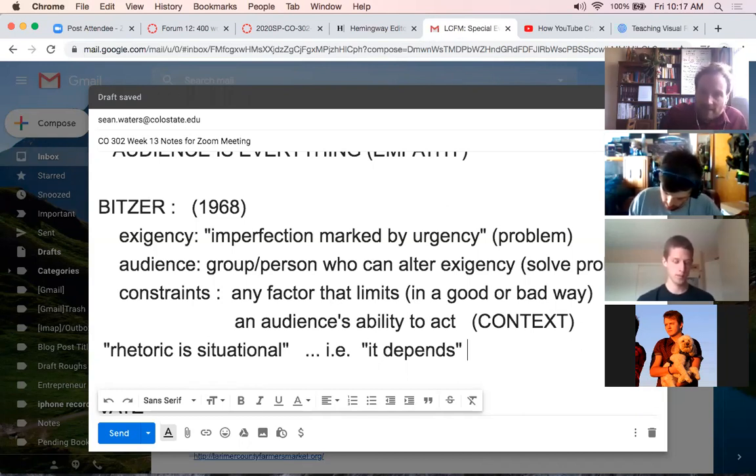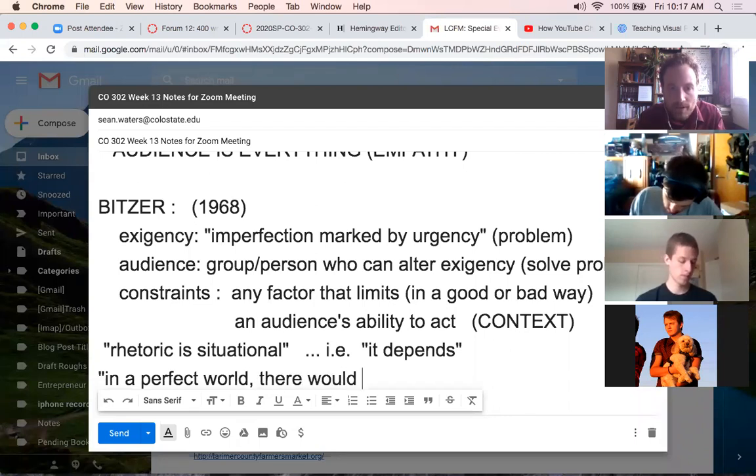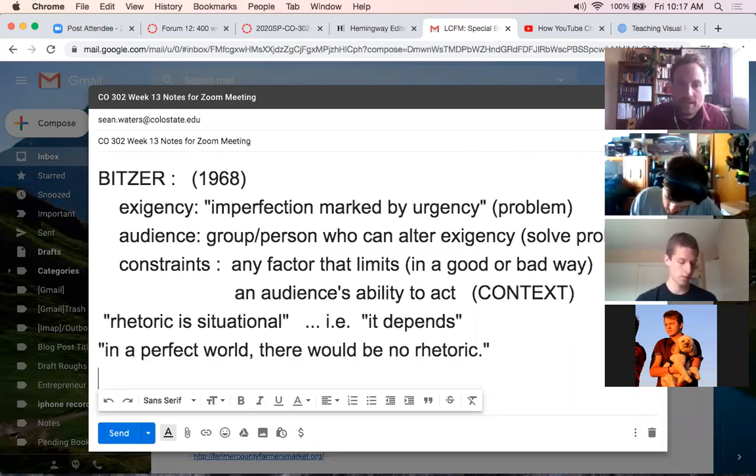It depends on a lot of different factors, or different ways that the audience is or is not able to act. He's also saying that in a perfect world, there would be no rhetoric, i.e., we wouldn't need to communicate to make things better if everything was already great.